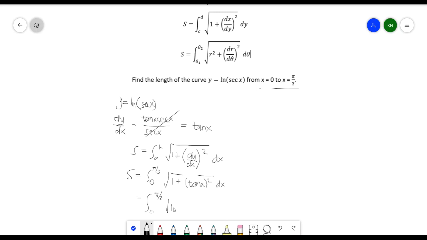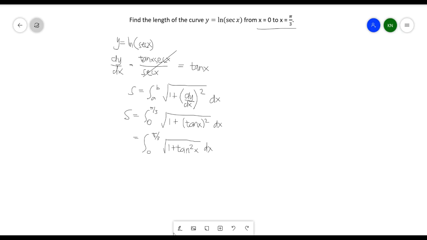So we have 1 plus tan squared x, in which we know this has an equivalent trigonometric identity. As we all know, 1 plus tan squared x is also equivalent to secant squared x. So meaning to say, from 0 to pi over 3, 1 plus tan squared x can also be written as secant squared x.